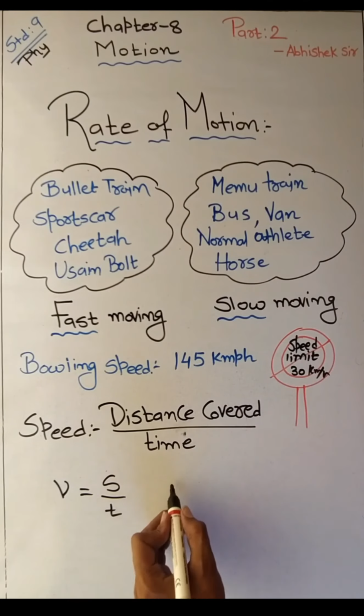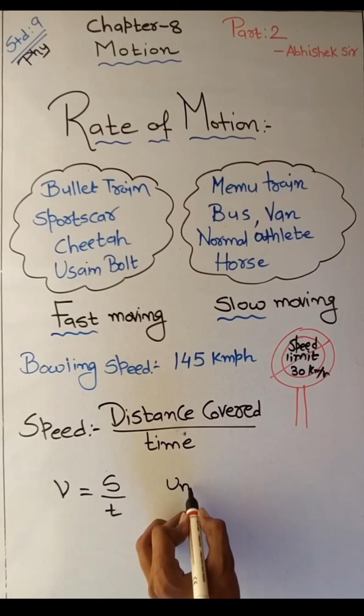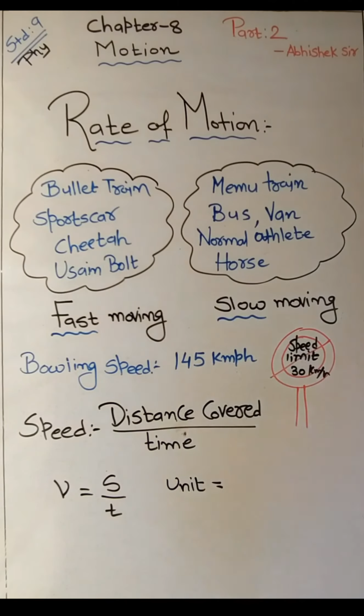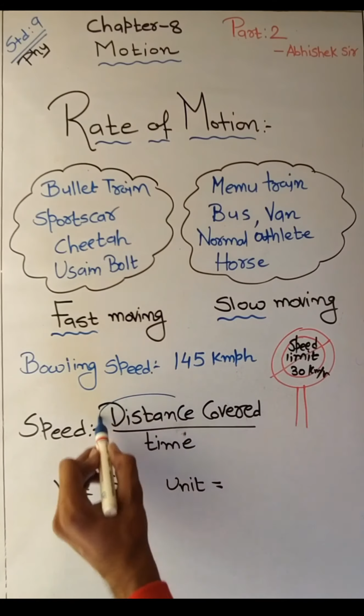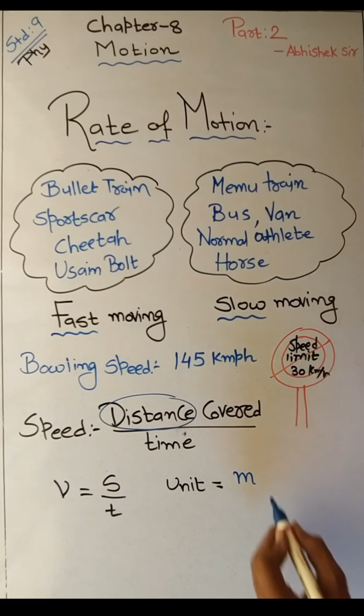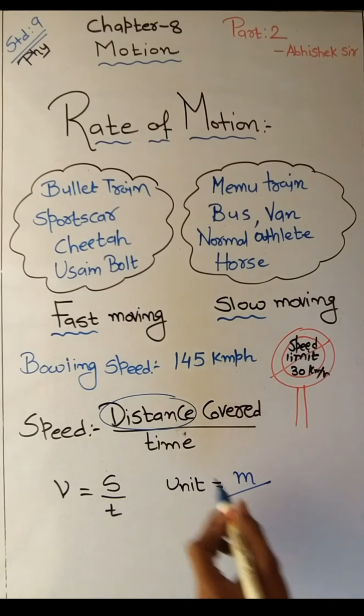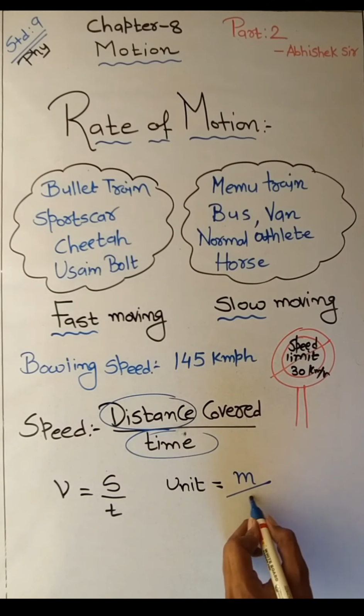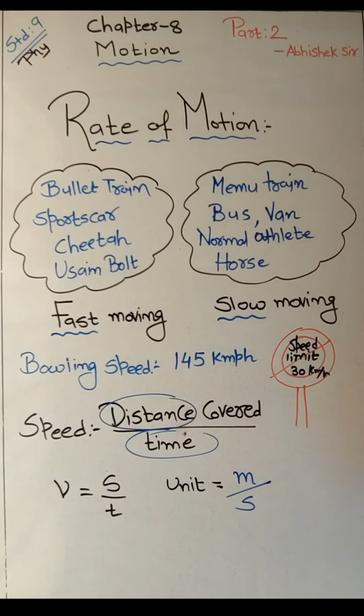Now if you put units, let us take the standard units, right? What will be the standard unit of distance? That is meter. And what will be the standard unit of time? That is second, right? So speed is measured in meter per second.